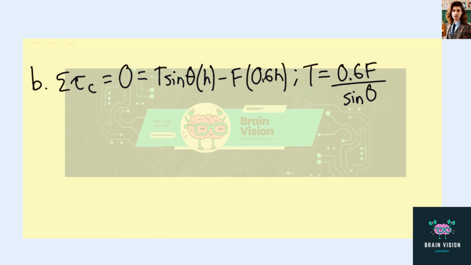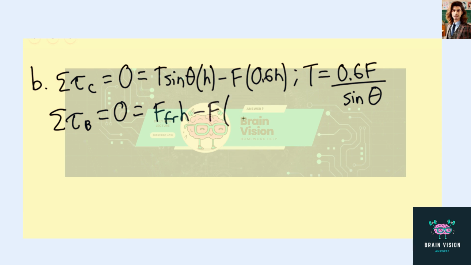So we can say that this net torque about point B is going to equal 0. This will equal the force of friction times H minus the force of the lever arm times 0.4 H. And so we can say that the force of friction is simply going to be 0.4 times F.